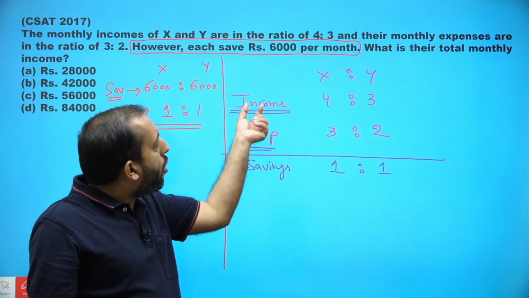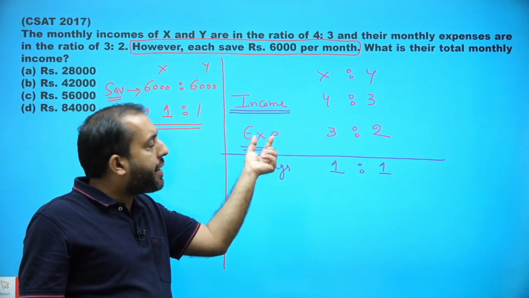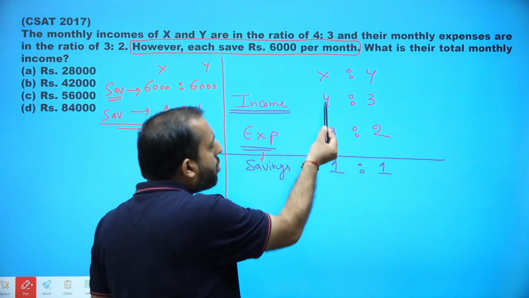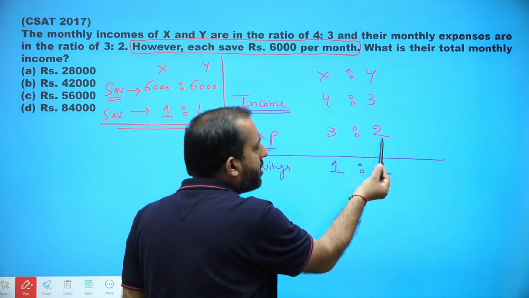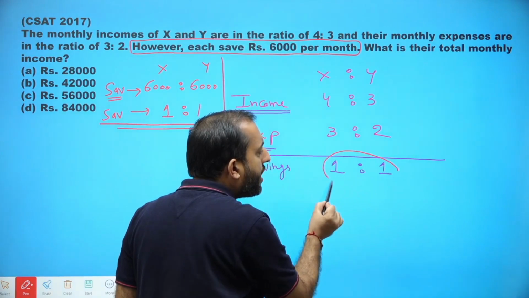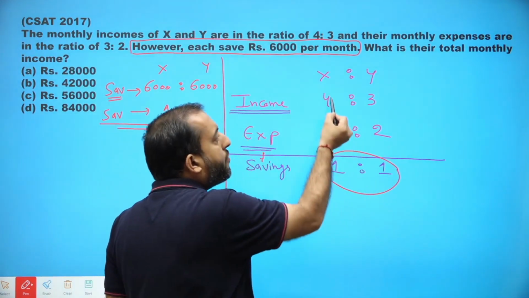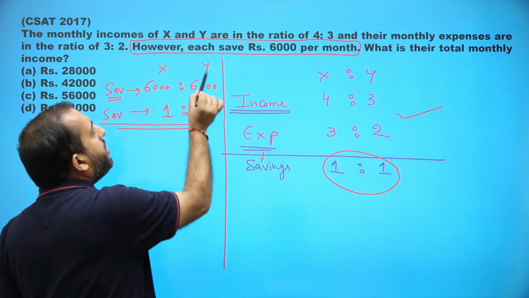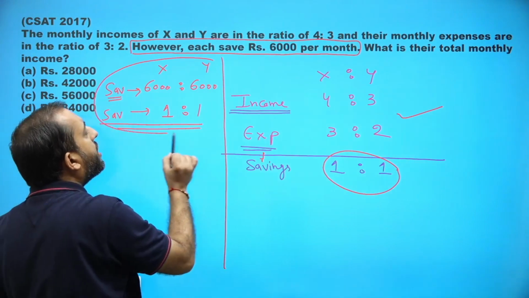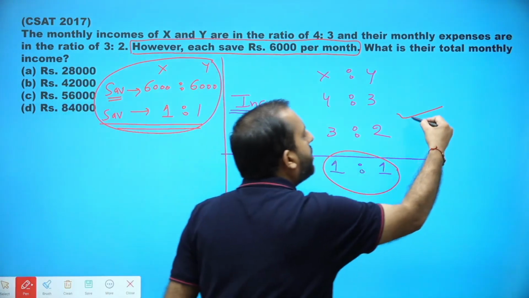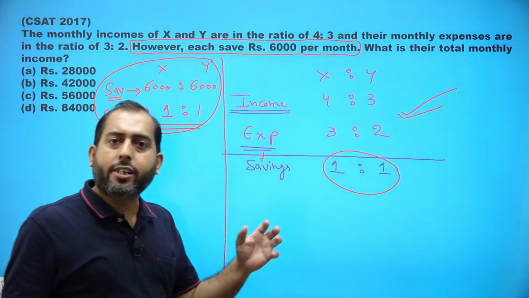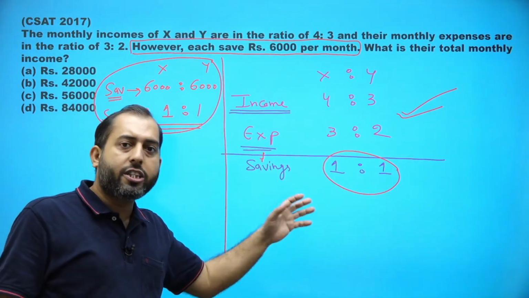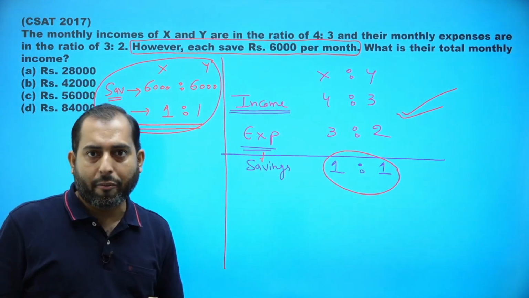And from the income, if we subtract expenditure, 4 minus 3 is 1, 3 minus 2 is 1. Over here also we are getting 1:1. We are getting 1:1 mathematically, and 1:1 as per the given condition also. So this subtraction is absolutely fine here.